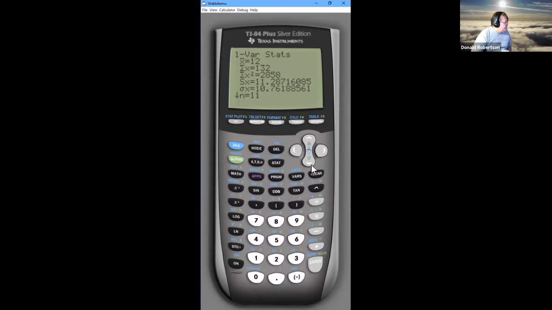Now, if you scroll a little bit further, do you see that Q3 and Q1 are there? Remember the 19 and the 3 that we used? That's there. If you look a little bit more, can't you see the biggest and the smallest?